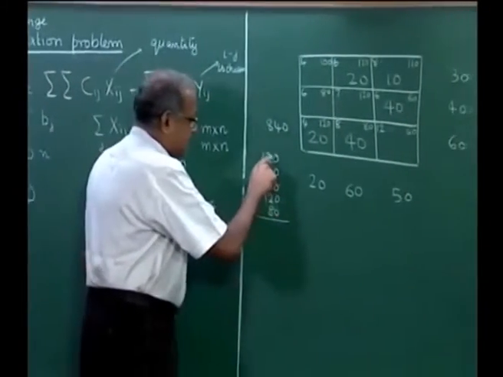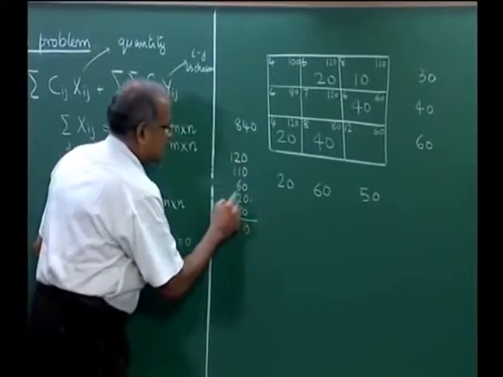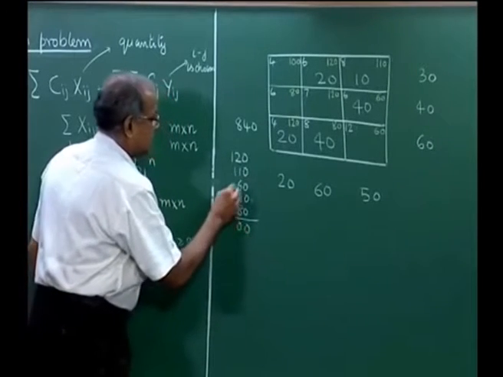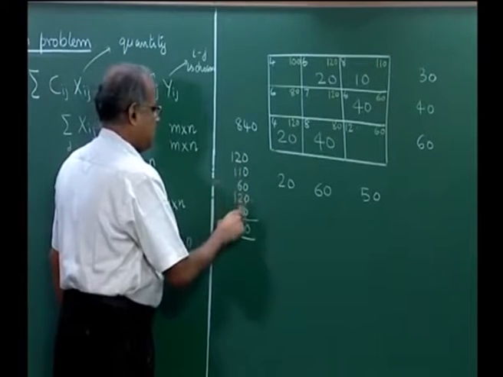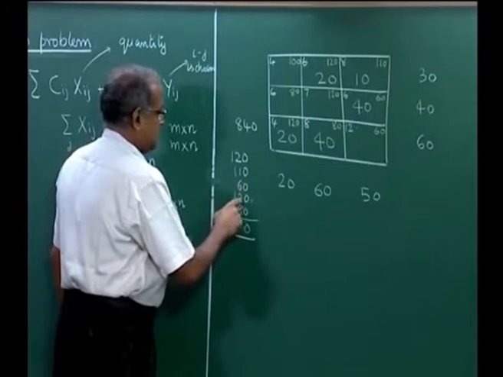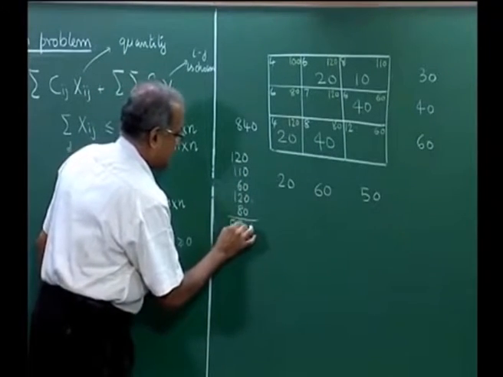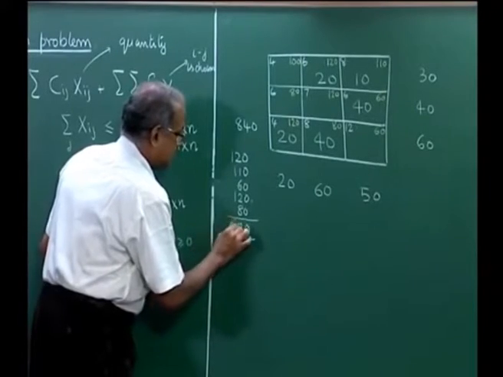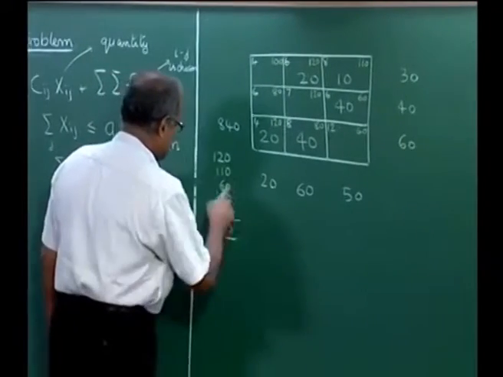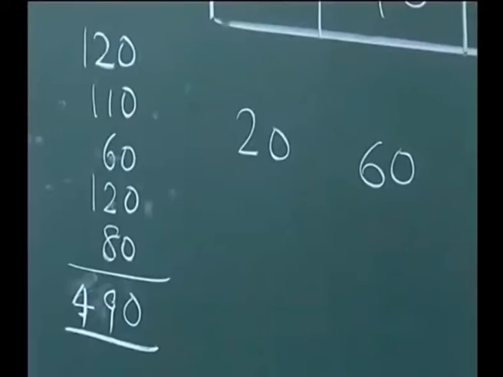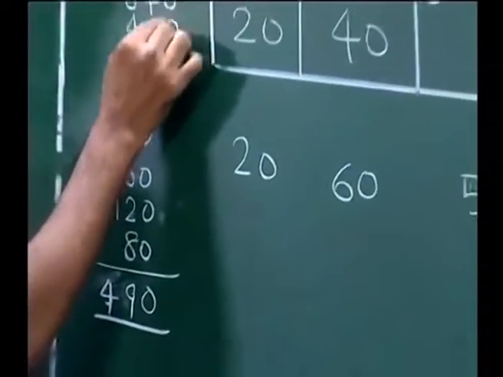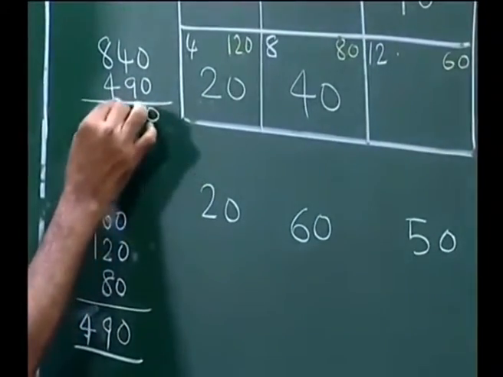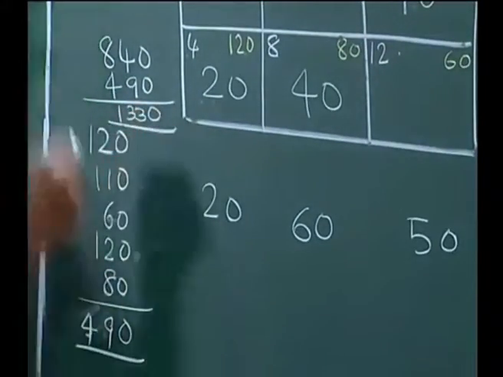So this would give us a cost of $490. So the total cost will be 840 plus 490, which is 1330.